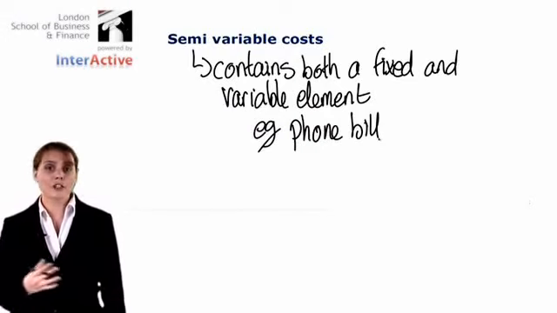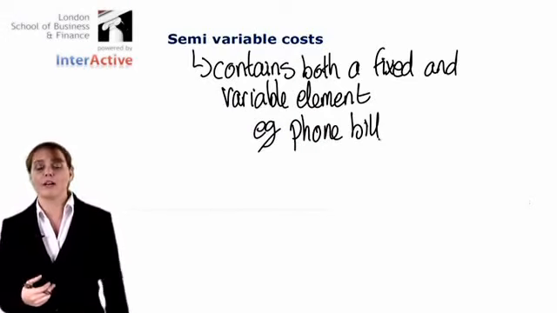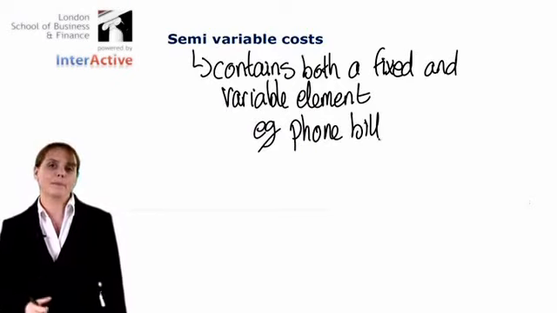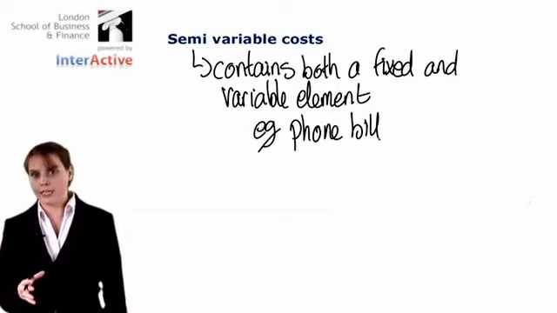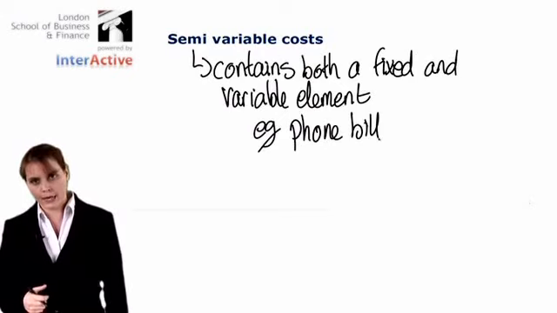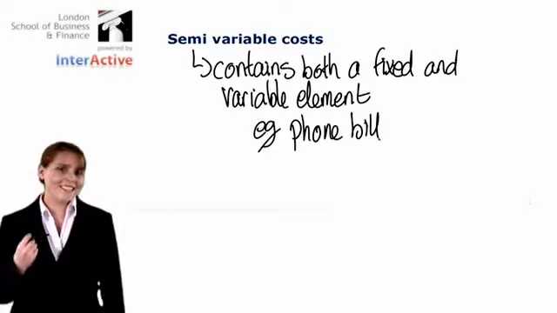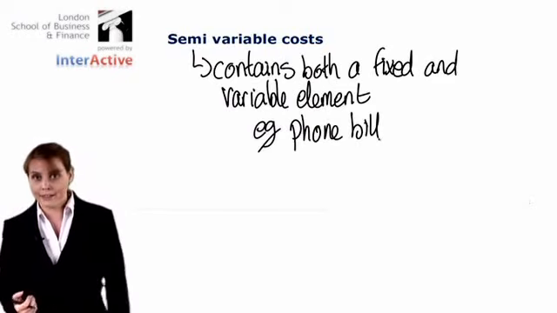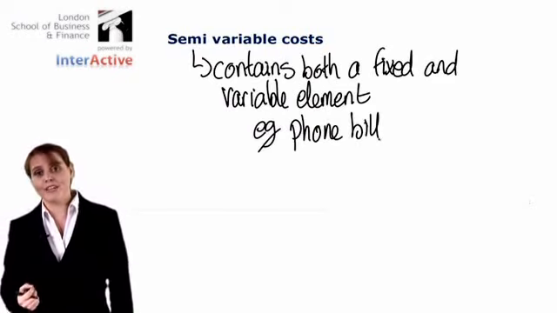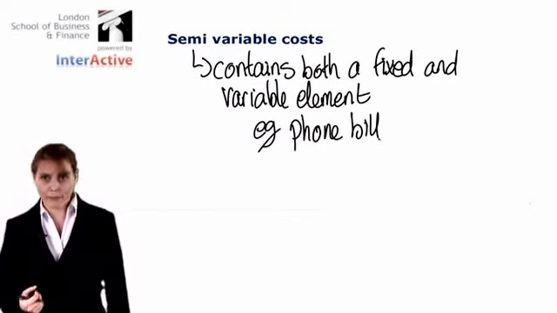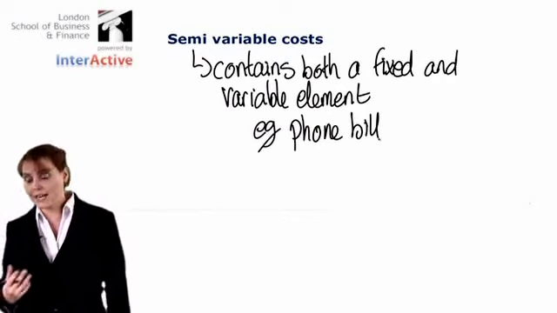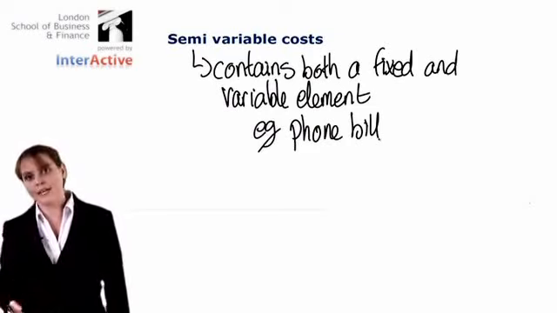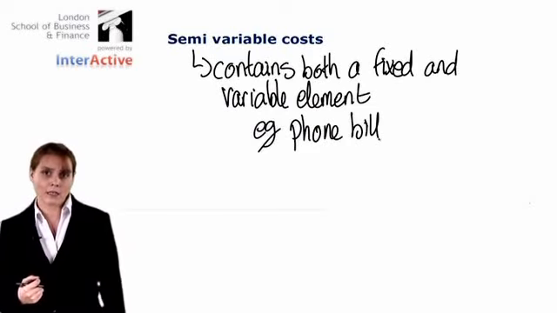No matter how much or how little I actually use my phone, I still have to pay that connection fee, and it always stays the same. But that's not the only thing included in my phone bill, unfortunately. In addition to this flat fee, I also have to pay a cost per telephone call made or per text message I send.